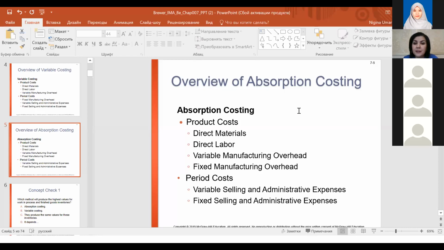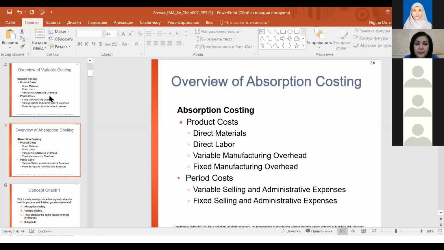So as you see, in absorption costing, the total amount of manufacturing overheads, variable and fixed, are included into the product costs. Period costs: we include variable selling and administrative and fixed selling and administrative expenses.